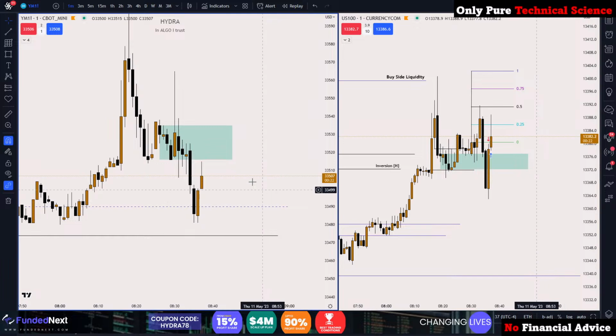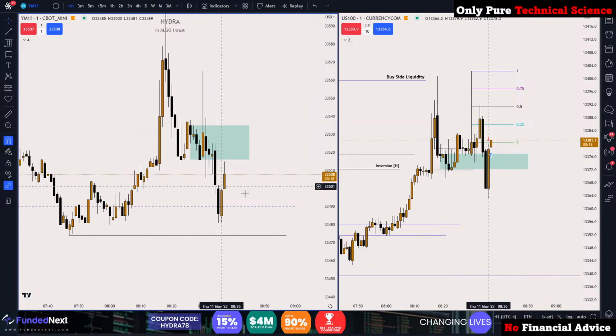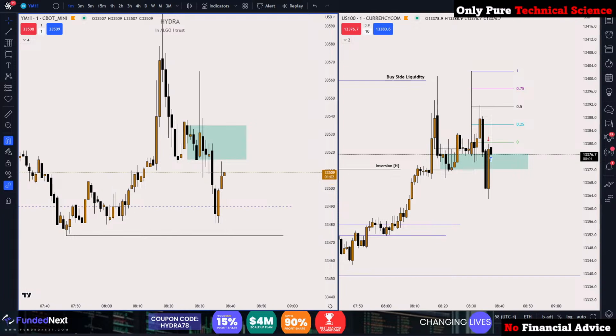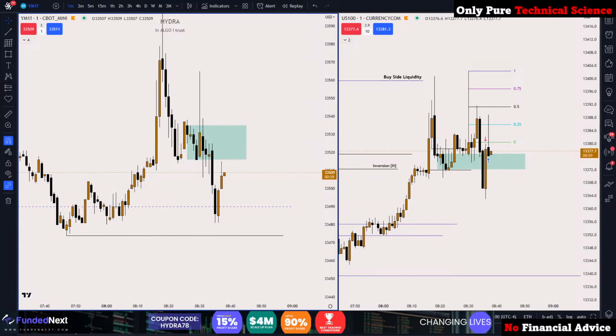Anyway, on Dow it's looking good. On Dow I believe we can hunt relative equal lows. So on Dow, I'm in a trade in my live funds with a stop loss above this breaker block. Okay, and I'm expecting to see a run on sell side liquidity that price generated right now. This low right here, I'm expecting to see a run.